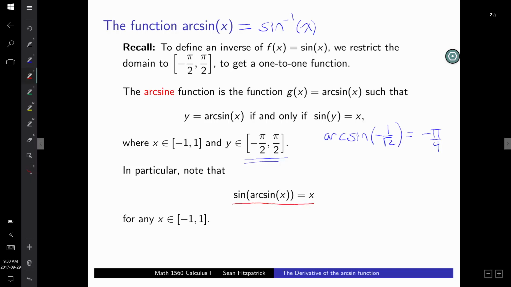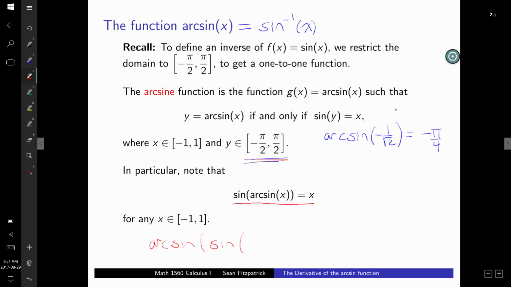Okay. Now, notice this relationship here, right? There is still this inverse relationship that sine of arcsine, they cancel out. They give me back the same thing I started with. You do have to be a little bit careful with this, because if you do it the other way around, if I do, for example, arcsine of sine, and I put an angle which is outside of this domain that I've chosen for the sine function, I may not get back what I started with.